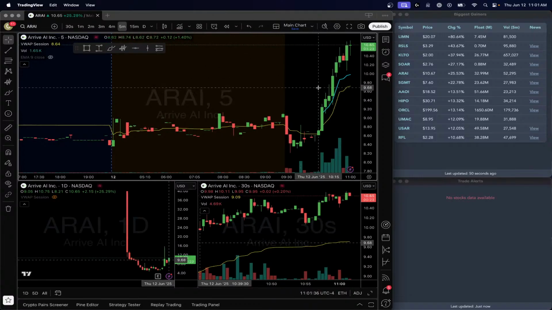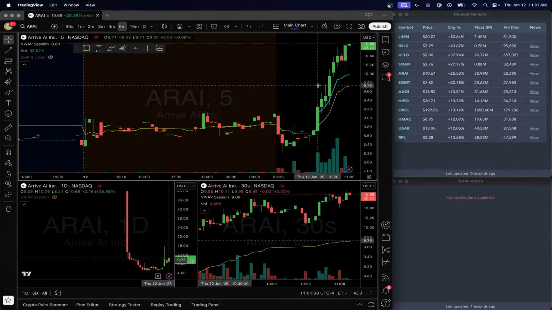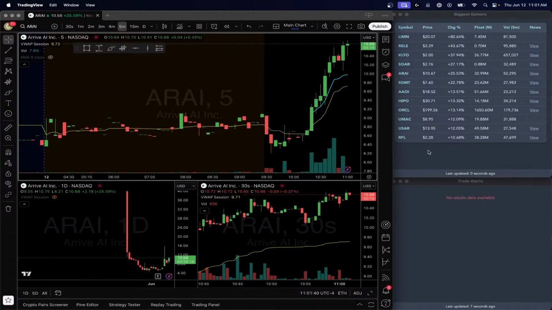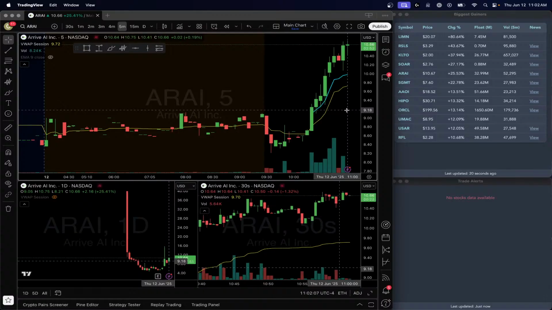TradingView, this TradingView, I don't have it set up to my broker, but with the server that I'm getting the data from, I'm using SIP data. So that's getting data from all the exchanges. So the volume is going to be different from TradingView. I don't know where they're getting their information from, but I'm getting live data from SIP that gets it directly from the exchanges.